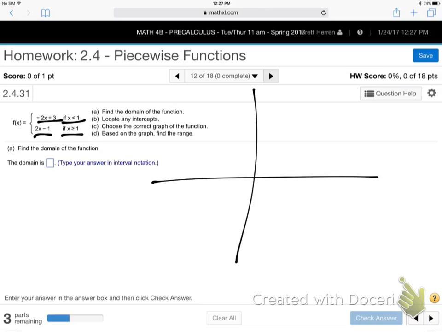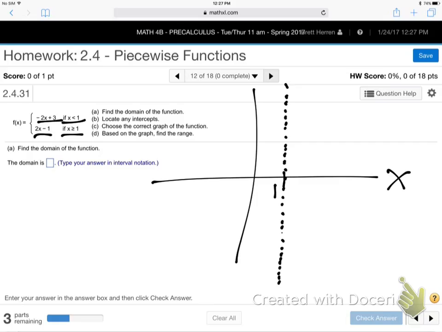So the graph is going to be all about what's happening at positive 1. So let's go to positive 1 right here, and I'm going to put a wall. You don't have to do this. There's not really an asymptote line or anything. I'm just doing that for visual effect to help you realize what's going on. Do you see the x-axis at 1 is where the whole story separates?